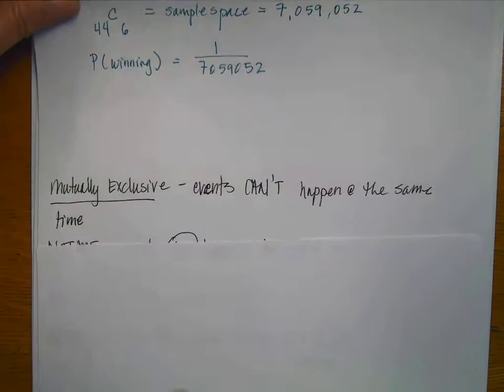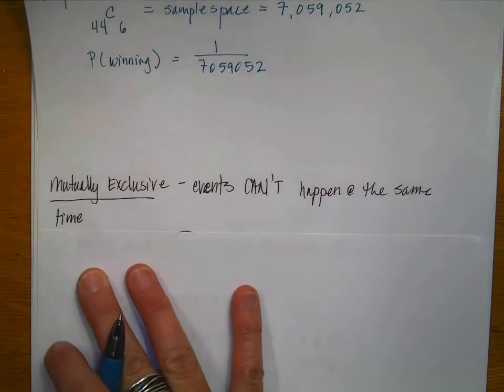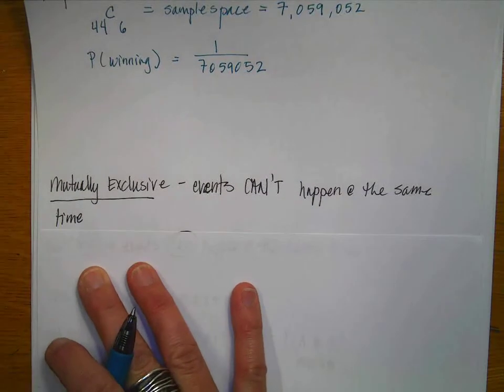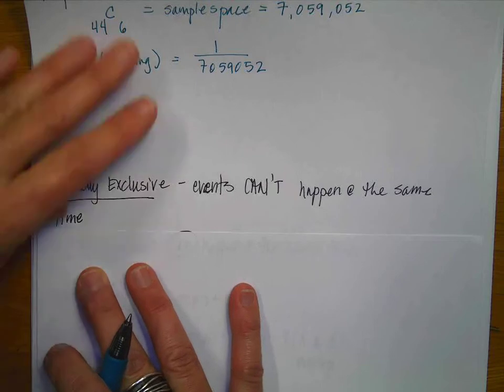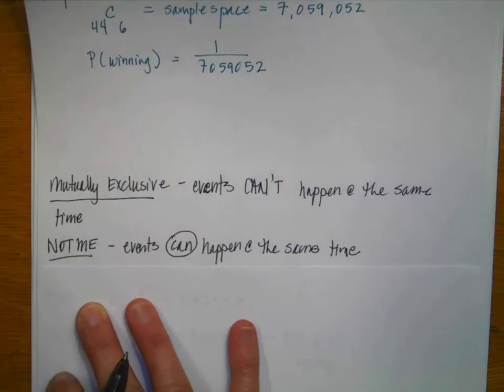Okay? All right. The next definitions that we have are mutually exclusive. So it's kind of a weird set of words, but mutually exclusive means that events cannot happen at the same time. Exclusive means they're going to not happen at the same time.